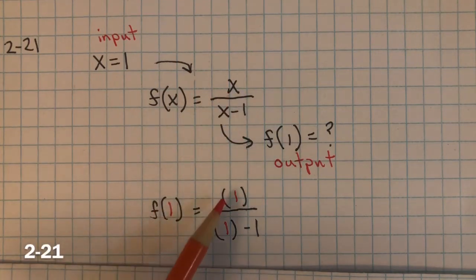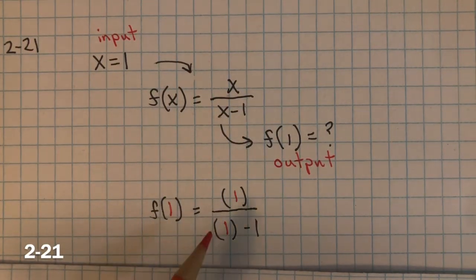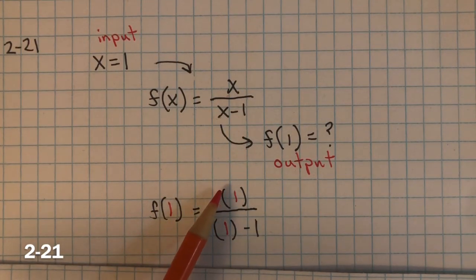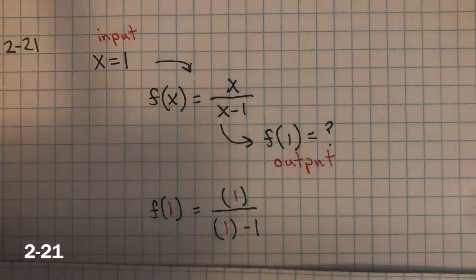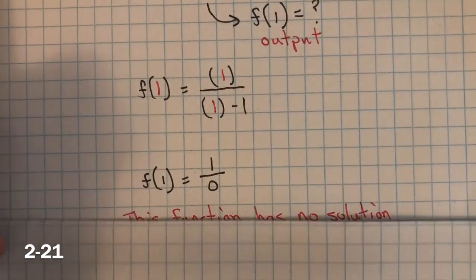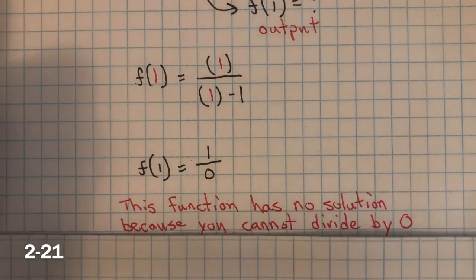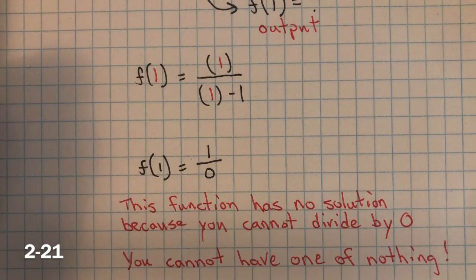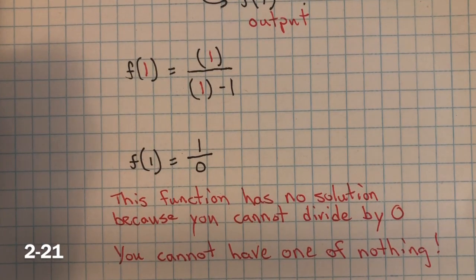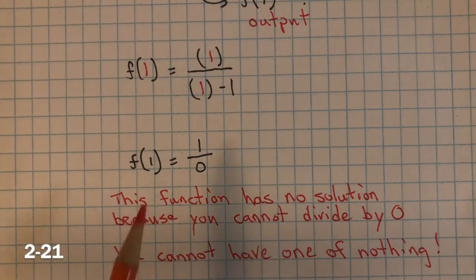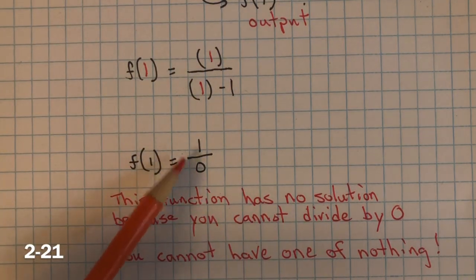Now we simplify the denominator because there's nothing to simplify in the numerator. We have 1 minus 1, which equals 0. Just like the previous problem, this function has no solution because you cannot divide by 0. You can't have 1 of nothing.